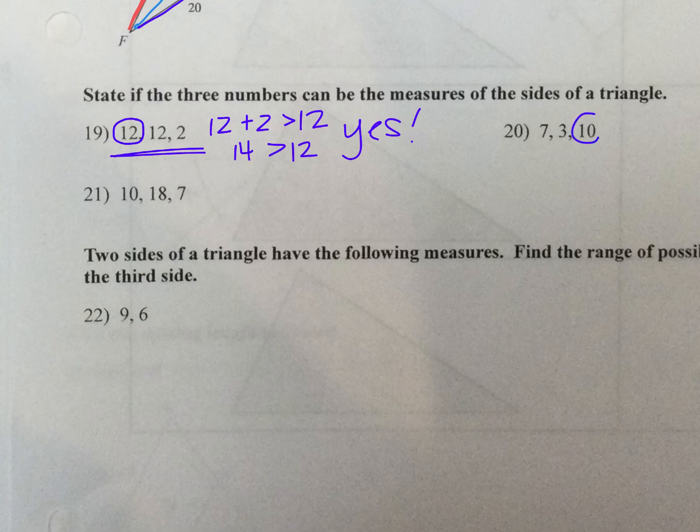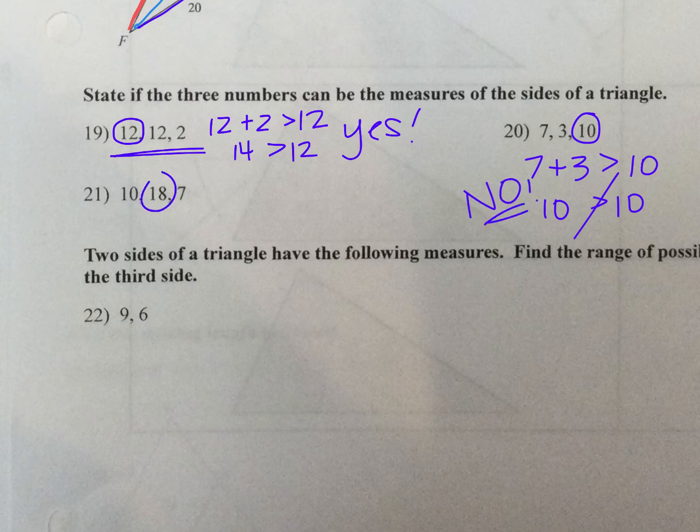In 20, my long side is a 10, so I have to say 7 plus 3 has to be greater than 10. 10 is not greater than 10, it's equal, so those pieces could not form a triangle. This next one is an 18. 7 plus 10 is going to have to be greater than 18. 17 is not greater than 18, so those guys could not form a triangle either.